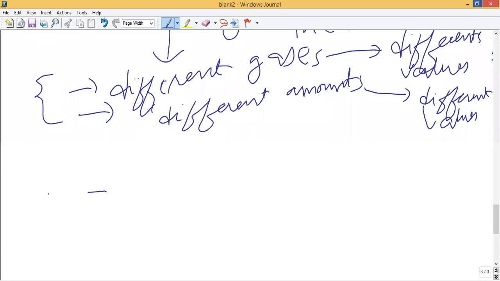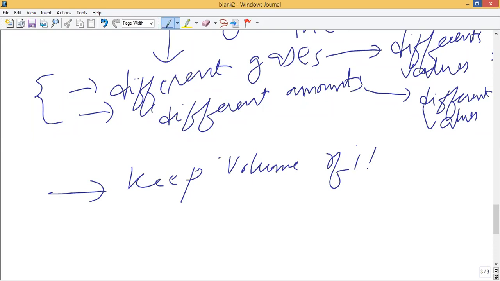Okay, so we keep the volume of an ideal gas constant, and you can measure, so that is the way to calibrate the thermometer.